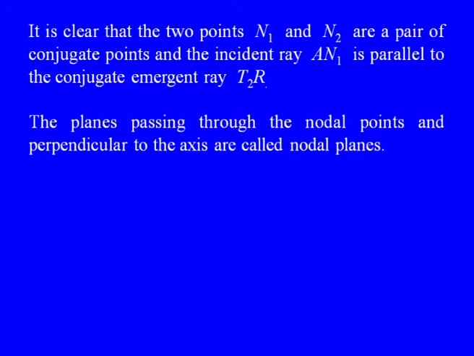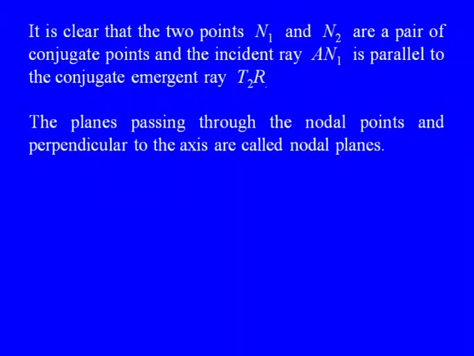It is clear that the two points N1 and N2 are a pair of conjugate points, and the incident ray AN1 is parallel to the conjugate emergent ray T2R. The planes passing through the nodal points and perpendicular to the axis are called nodal planes.